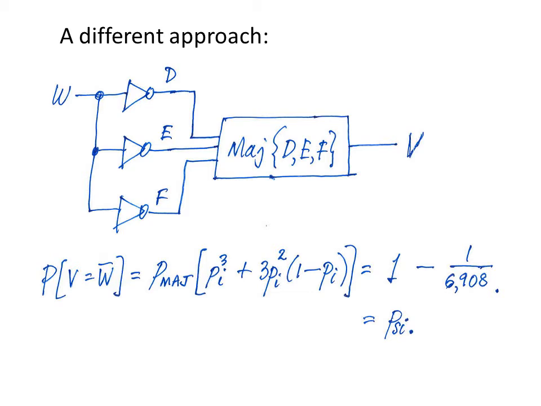And we see that the majority gate gives us a much lower failure rate than we had for the single inverter. Instead of 1 out of 200 failures, it now gives us 1 out of 7,000 failures or so, 6908. So we'll call it the probability that the superinverter, P sub Si, works.